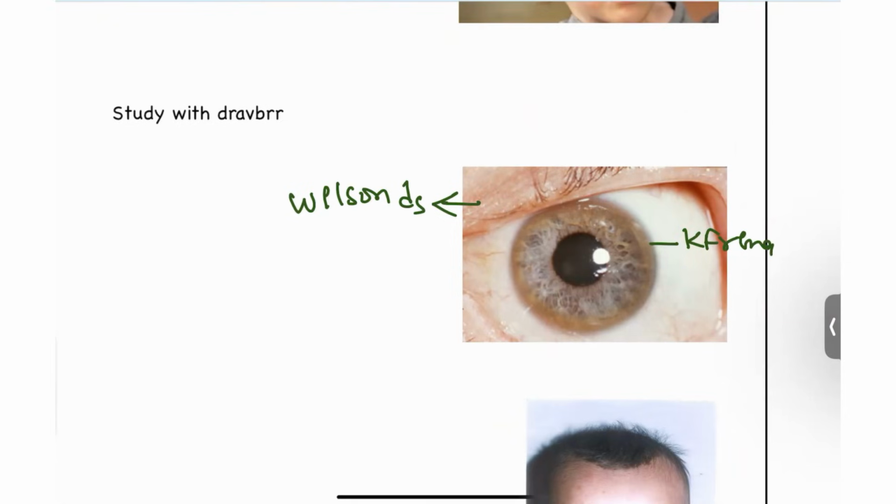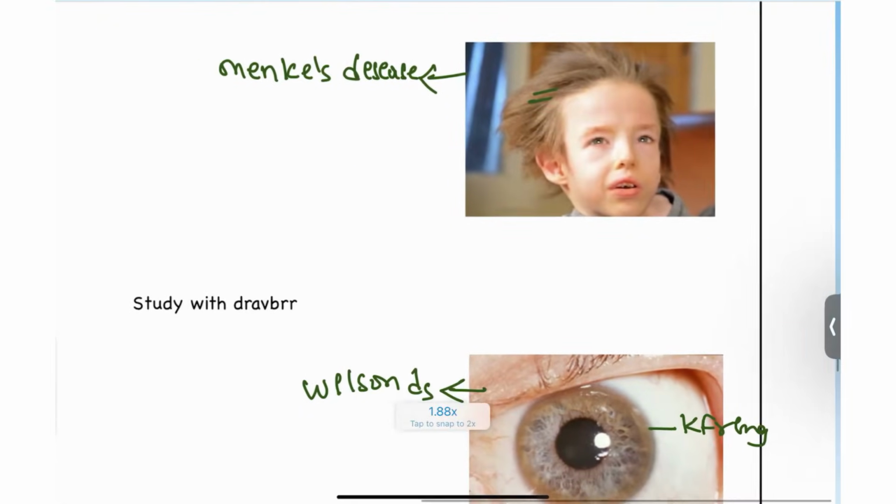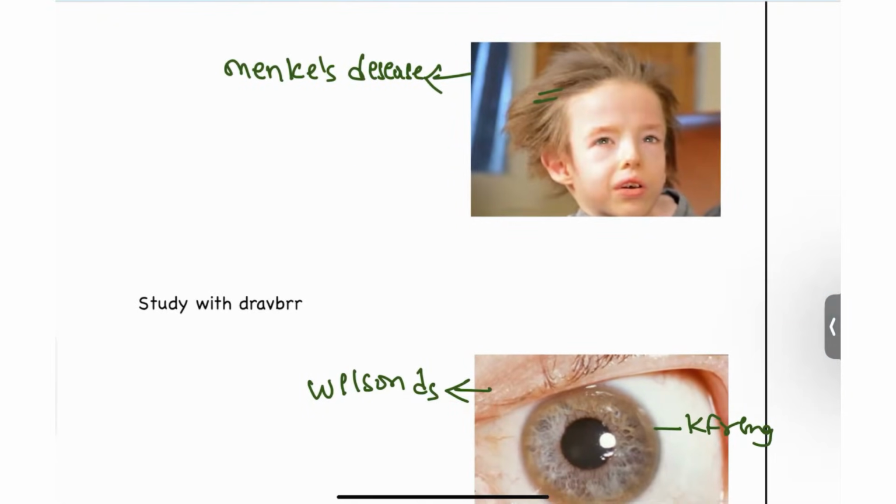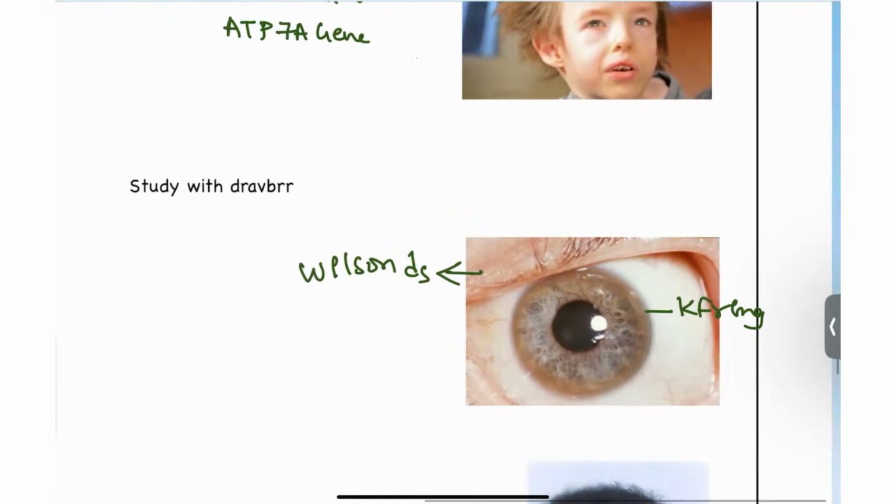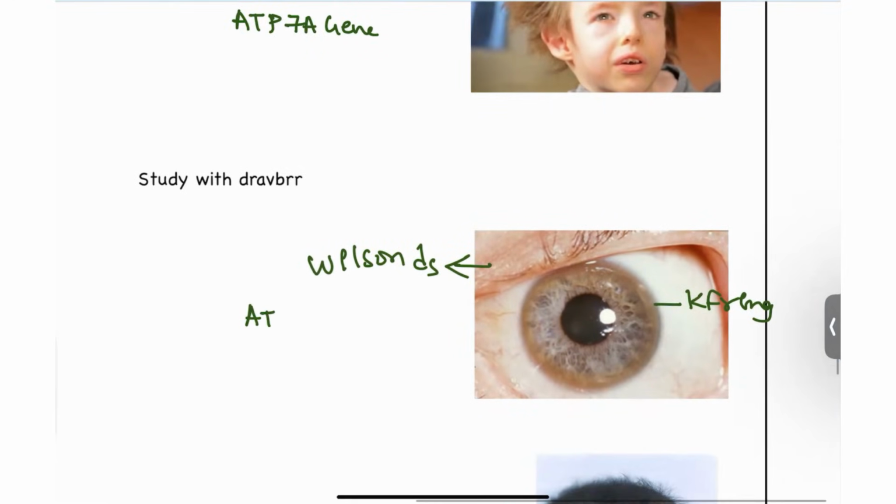So when we put the two things together, Menkes disease and Wilson's disease, what is the deficiency? Menkes disease is X-linked recessive and associated with the ATP7A gene. Wilson's disease is associated with the ATP7B gene.